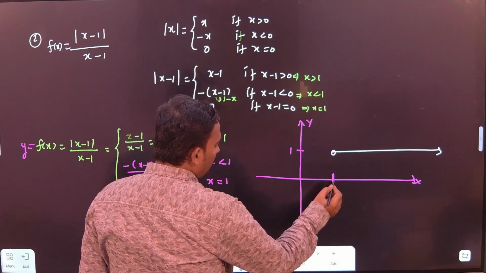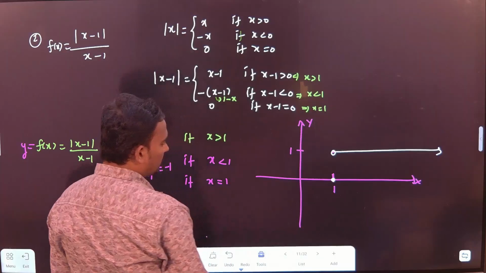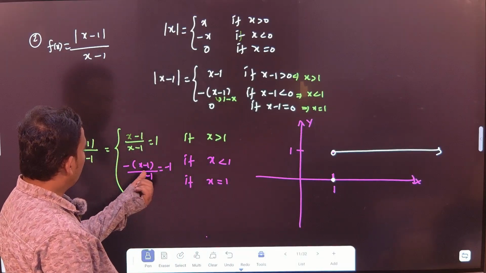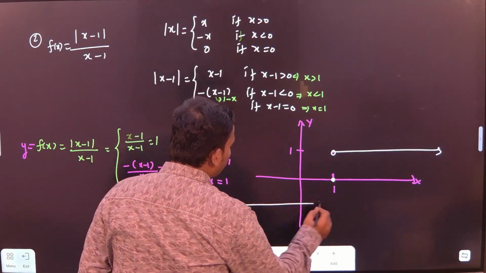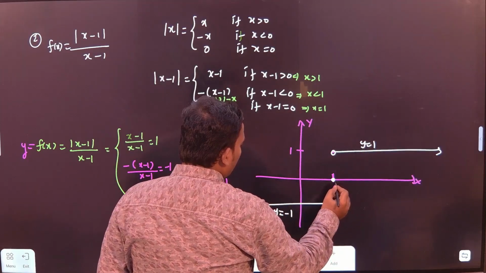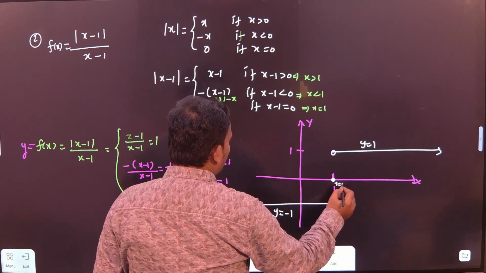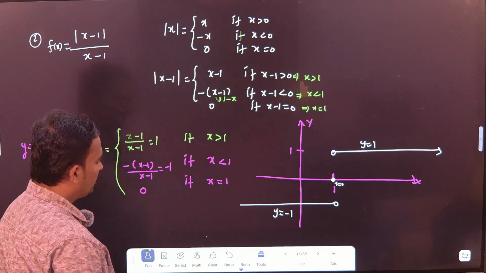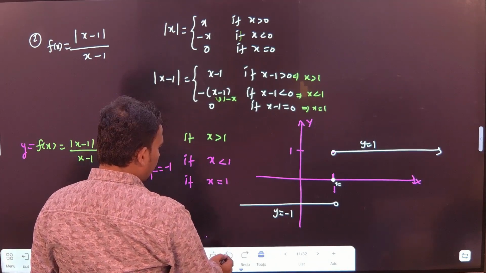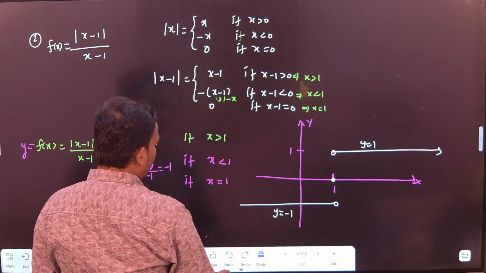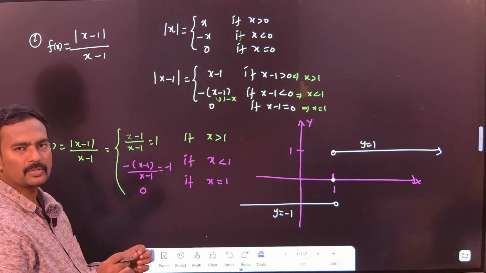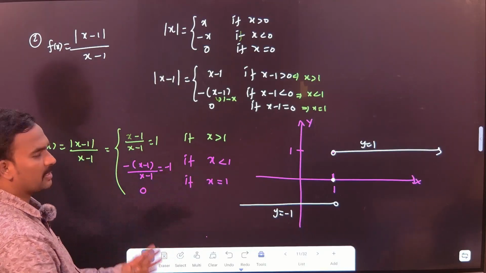When x equal to 1, it is 0, right? When x is less than 1, it is minus 1. This is y is equal to minus 1, this is y is equal to 1, and this is y is equal to 0. So when x is equal to 1, y would be 0. This is your graph of mod x minus 1 by x minus 1. I hope everyone understands, right?